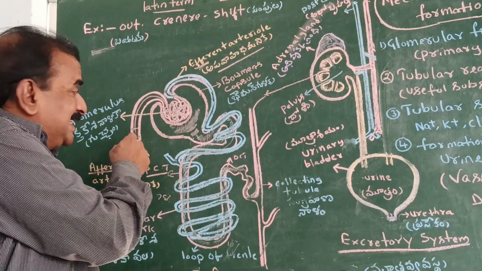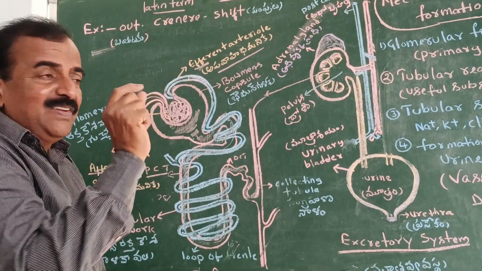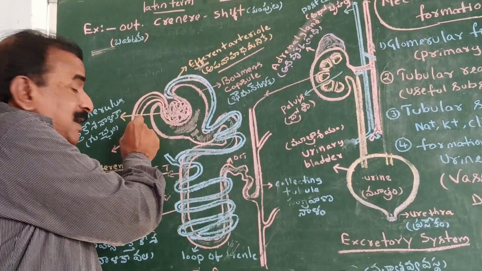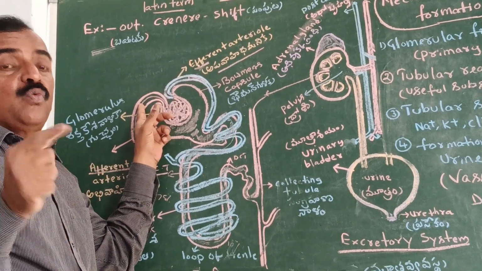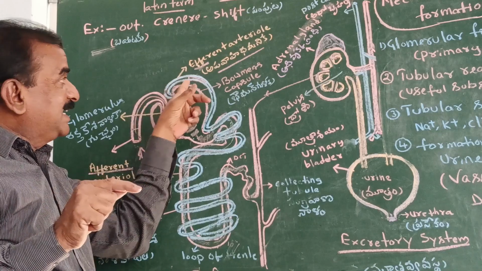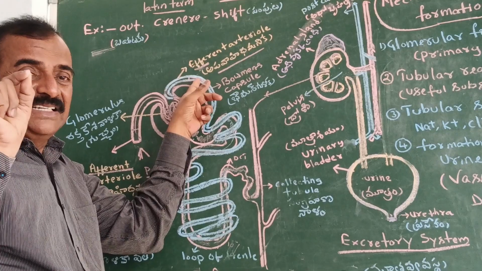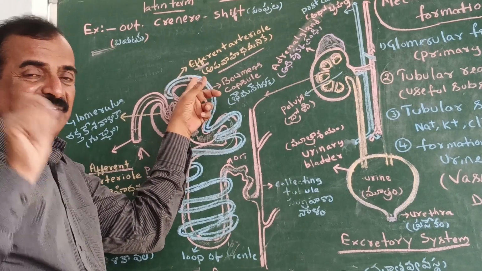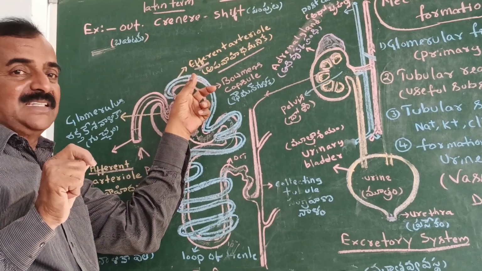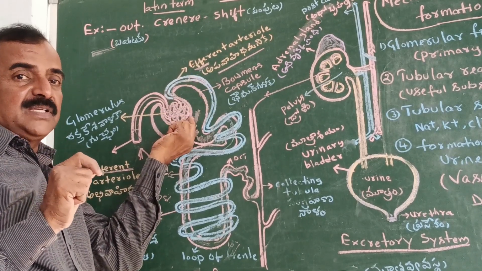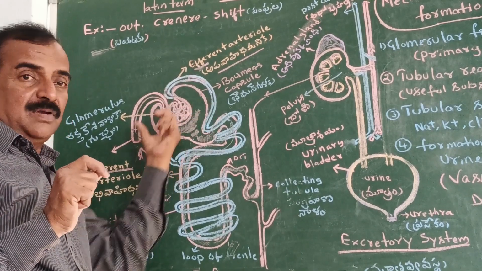The afferent arteriole is a tube having more width, and the efferent arteriole has less diameter. The width of the afferent tube is more and that of the efferent arteriole is less, and thereby pressure filtration takes place in Bowman's capsule, and this is called the Malpighian body.